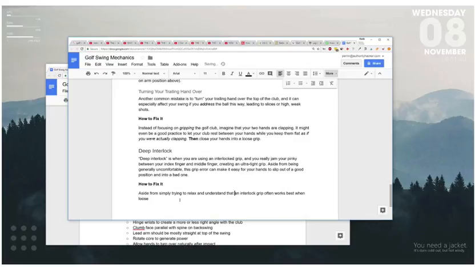Want to use some conditional language here. Often works best when loose. You can sometimes correct this error in the same way we corrected the previous one, by aligning your hands as if you were clapping.